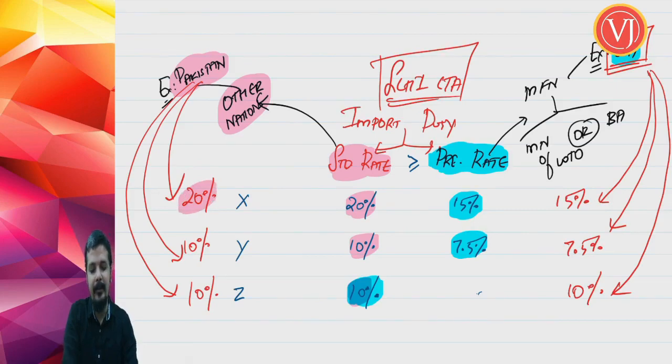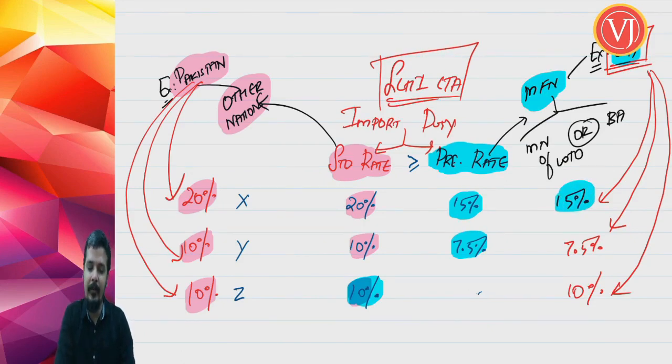If the import is from Pakistan, then item X will attract 20%, item Y will attract 10%, item Z will attract 10%. And if you are importing from a most favored nation, you will have the preferential rate, right?